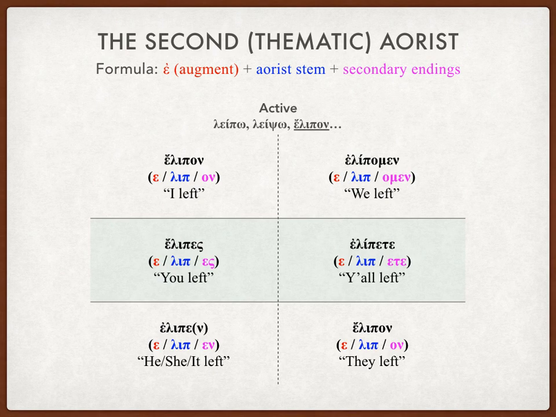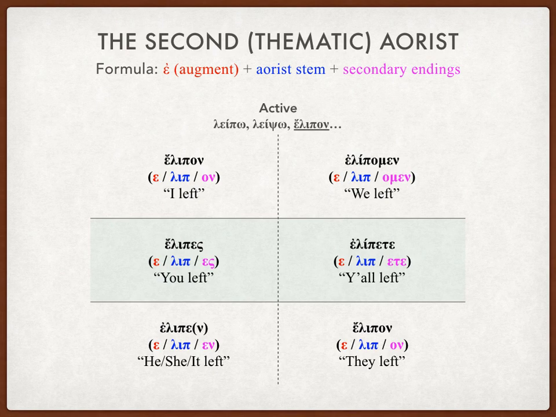For plural forms, even easier to recognize. They're pretty similar to what you've seen before. Start with my augment, in red, my aorist stem lip, in blue, and my ending amen for we. Elipomen is we left. Very simple.